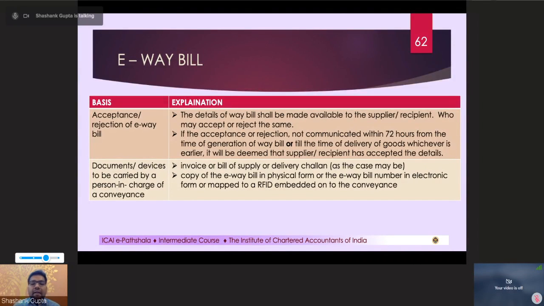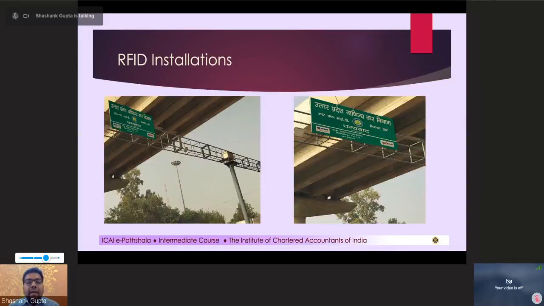So what they have done is, they have asked all the transporters to stick an RFID tag on their transportation vehicles. And what is an RFID tag?